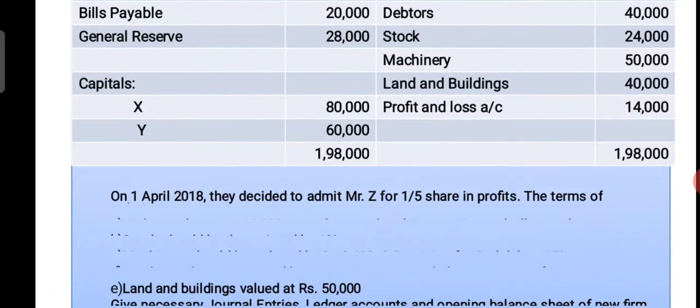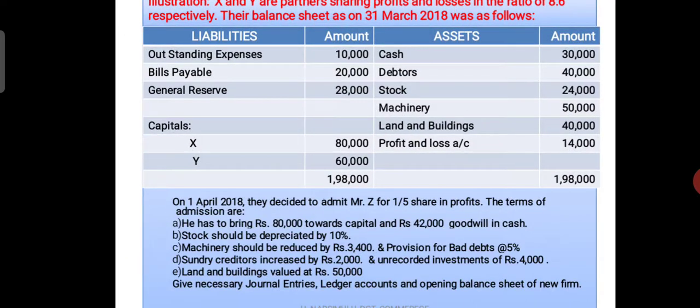And next, unrecorded creditors means there are no such creditors in the balance sheet, but now we found there are some creditors which were not entered in the books. So this amount, its effect will be an increase in the liability.